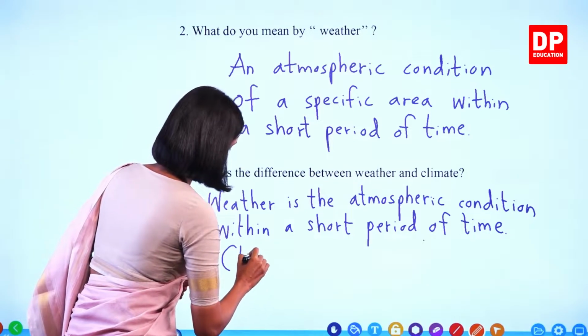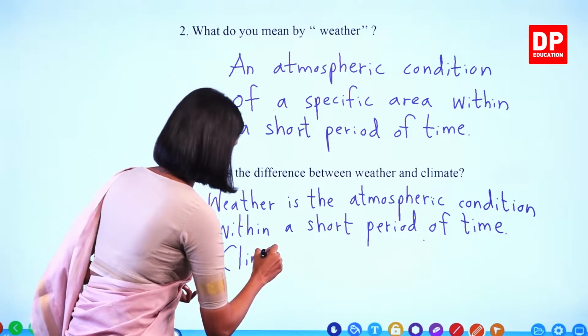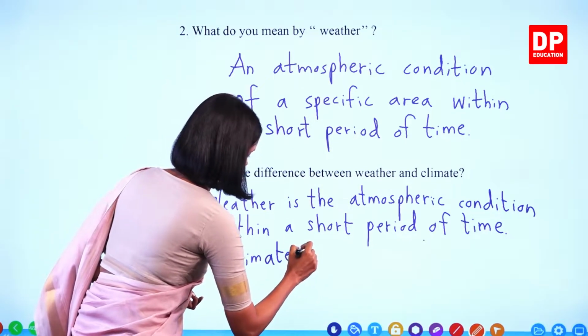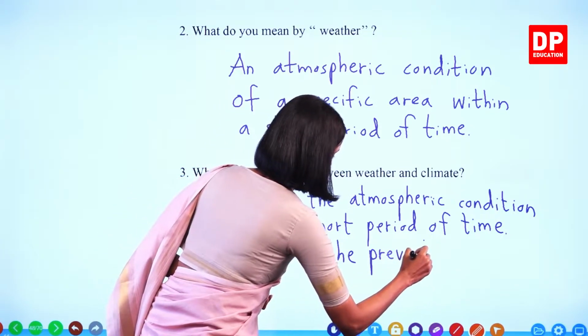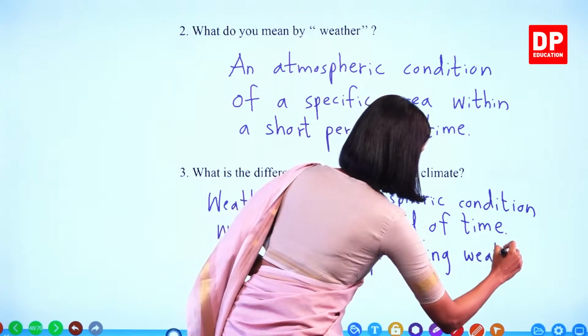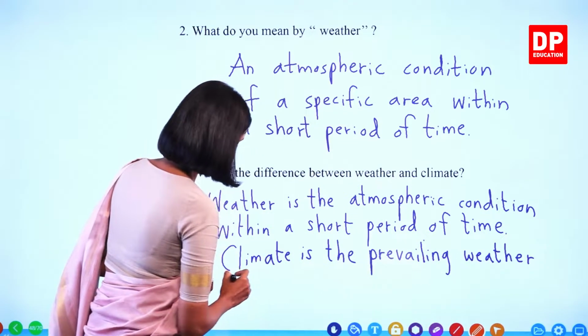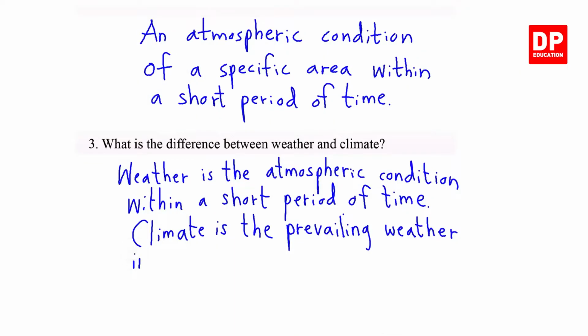Climate is the prevailing weather in a specific area for a long time.